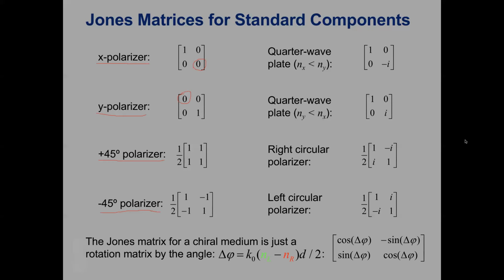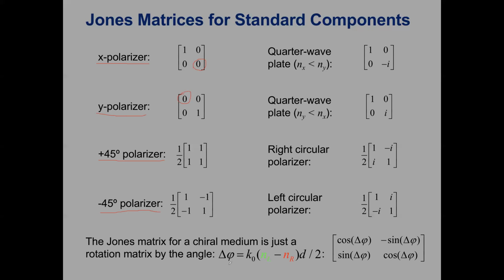The last thing that might be useful is, of course, on Wednesday we talked about chiral media that rotate the polarization of light slowly as you pass through, due to inducing different indices of refraction for right and left circularly polarized components.